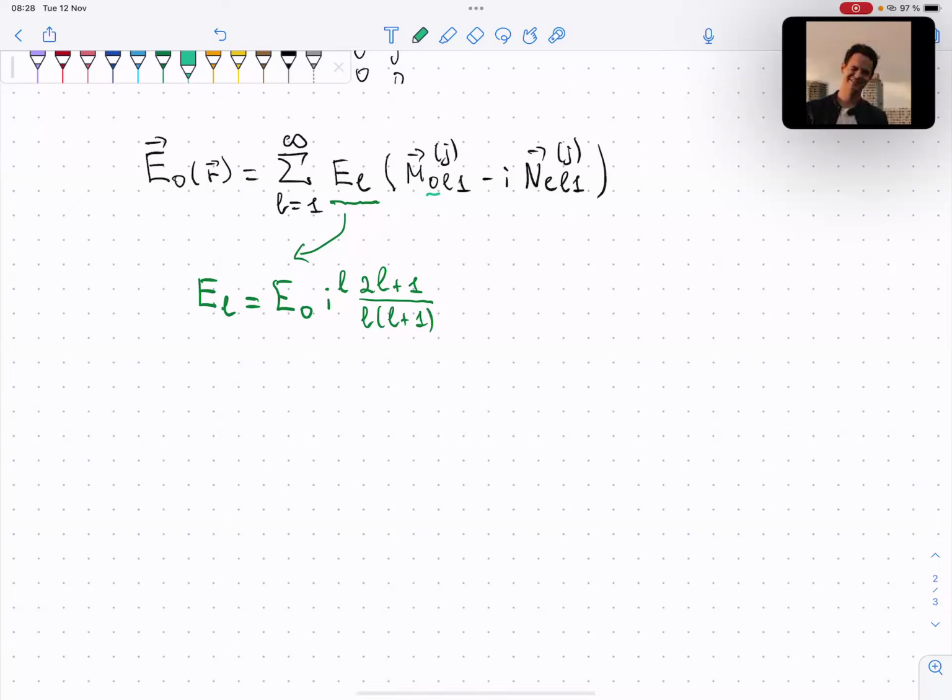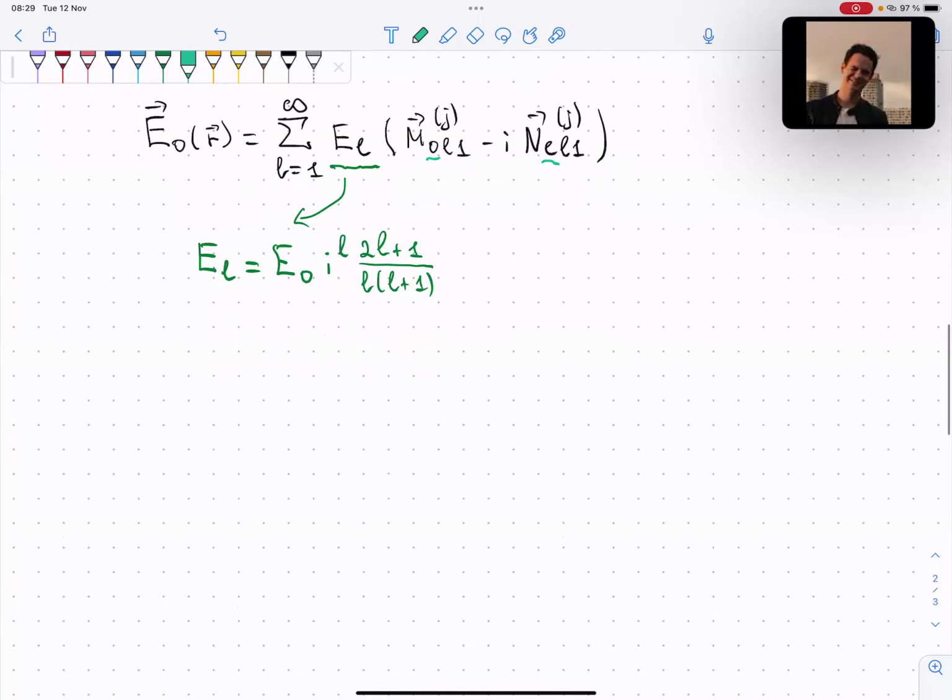These indices O and E are because here we actually have odd and even harmonics. Just to remind you, the harmonics M_LM were created from functions that have exponent i m phi, and the odd or even harmonics were created using sine m phi for odd or cosine m phi for even.